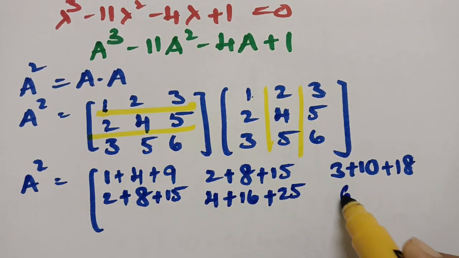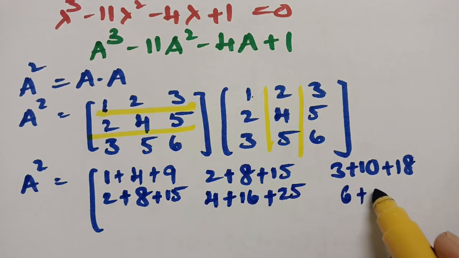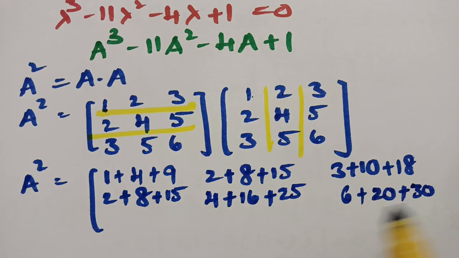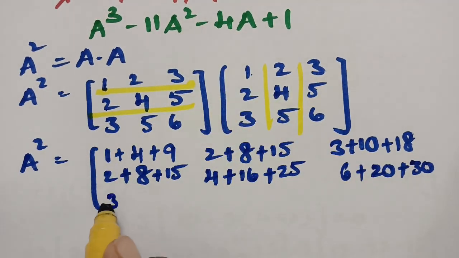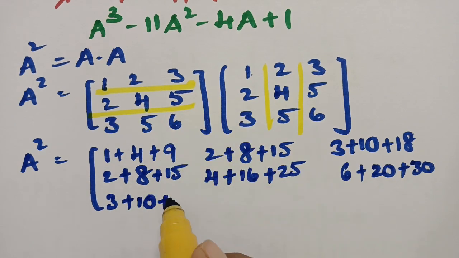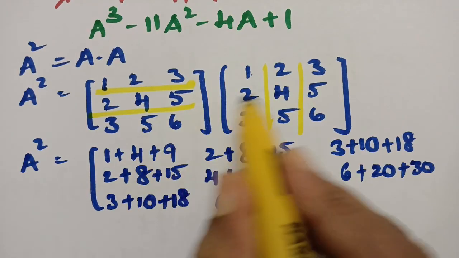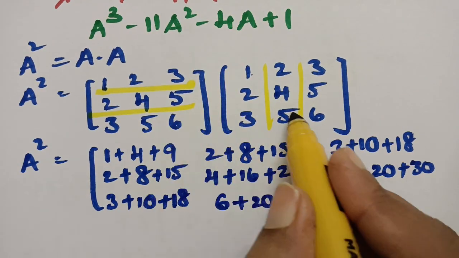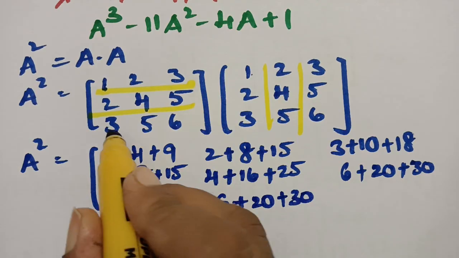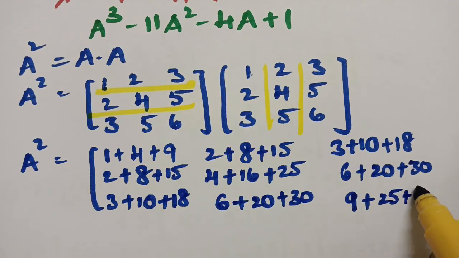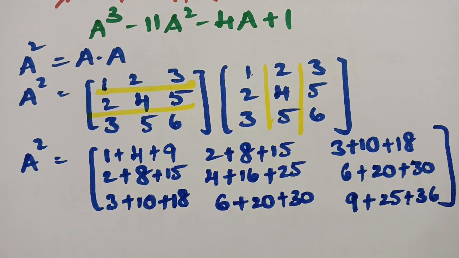So this value is 6 plus 20 plus 30. Then 3 1s are 3, 5 2s are 10 and 6 3s are 18. So this value is 6 plus 5 4s are 20 plus 30. And 3 3s are 9 plus 5 5s are 25 and 6 6s are 36. Clear?